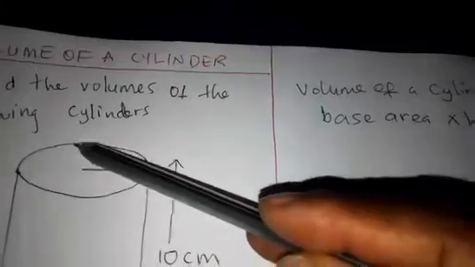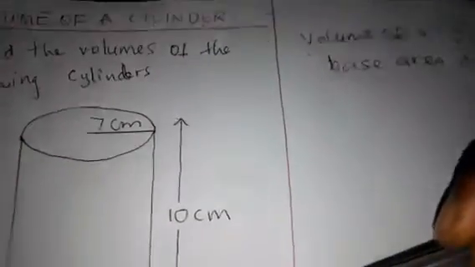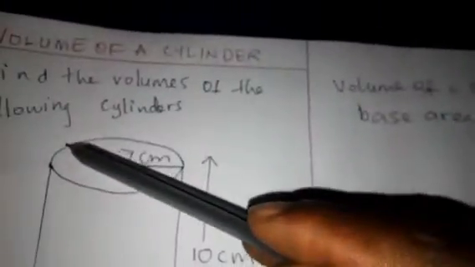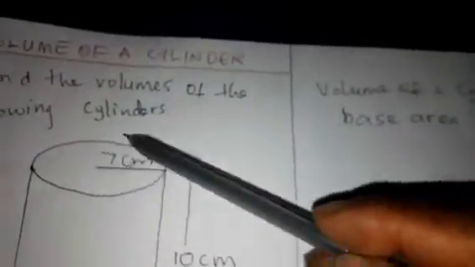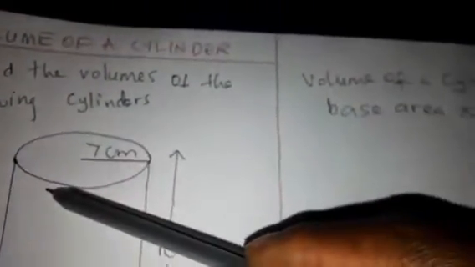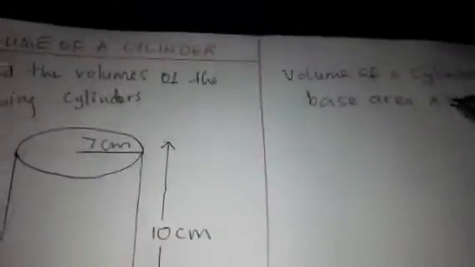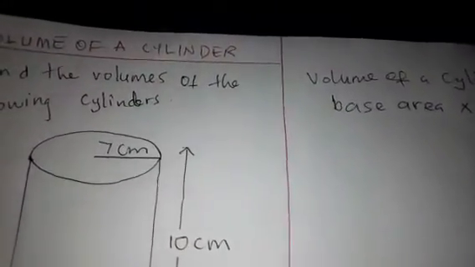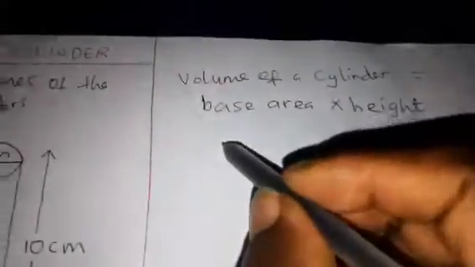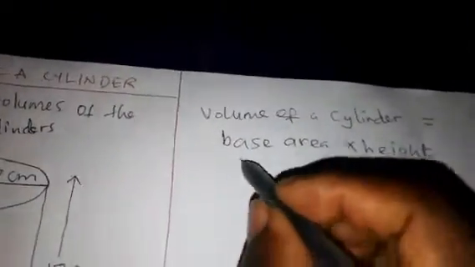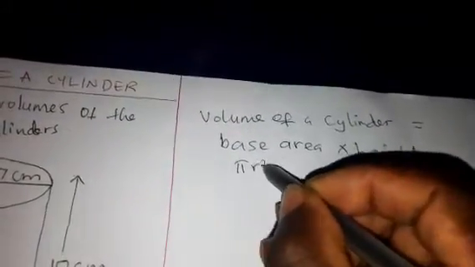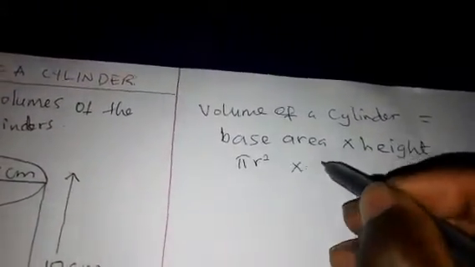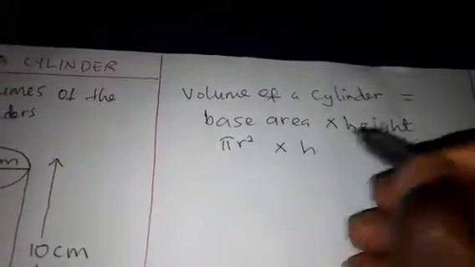The base of a cylinder is circular, meaning that we have to use the formula for finding the area of a circle. So our base area is going to be pi r squared, times the height, which is h.